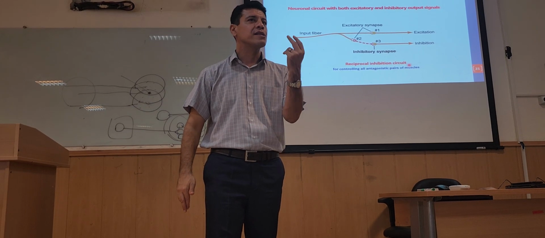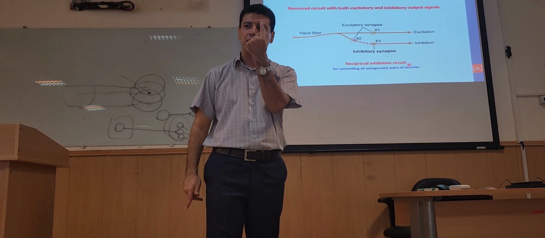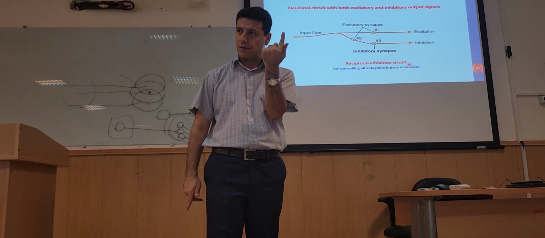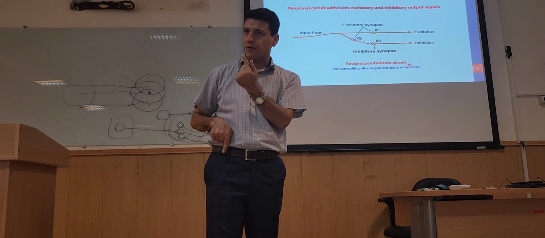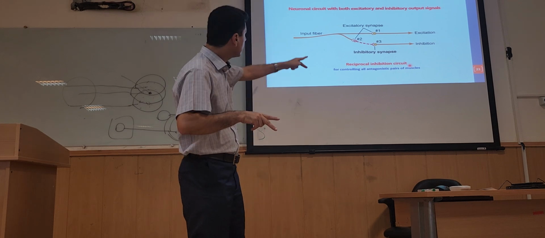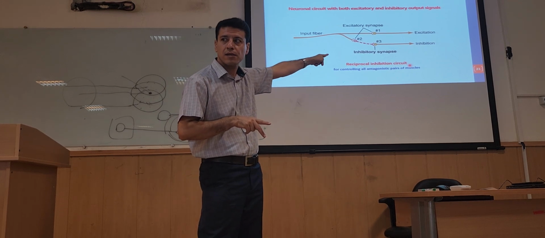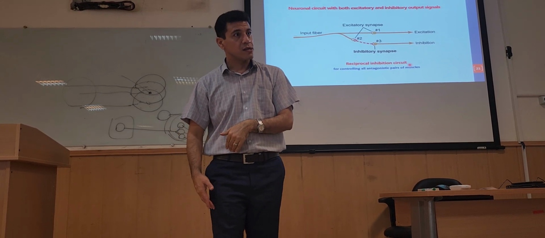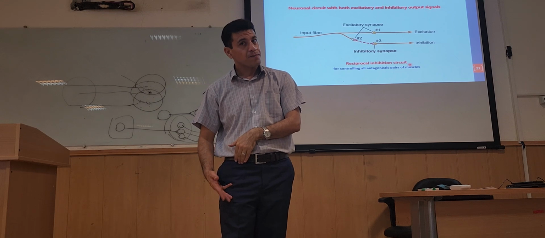But the brain doesn't send two signals. It only sends one signal. The signal comes to the spinal cord, one single signal. Then it goes into a circuit like this. Agonist muscles are activated directly.